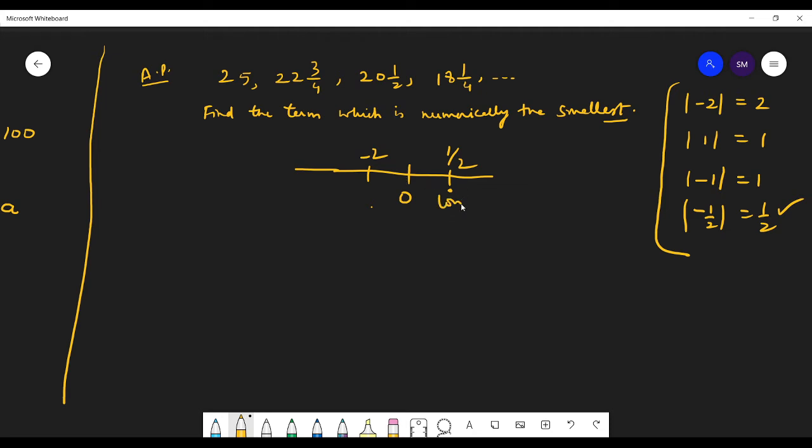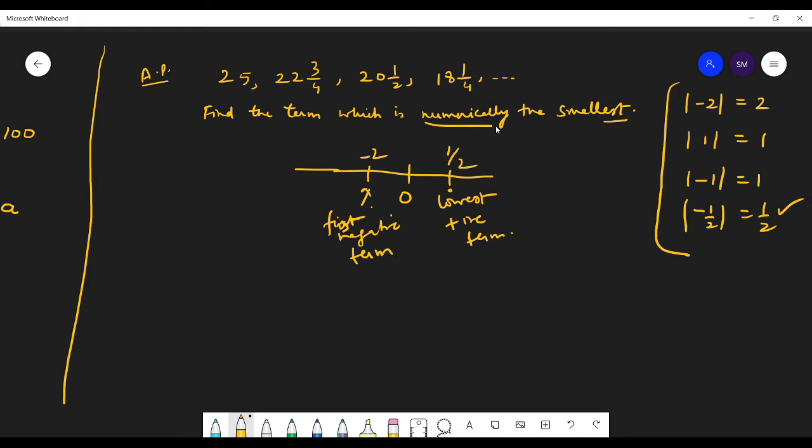This is the lowest positive term, and this is the first negative term.